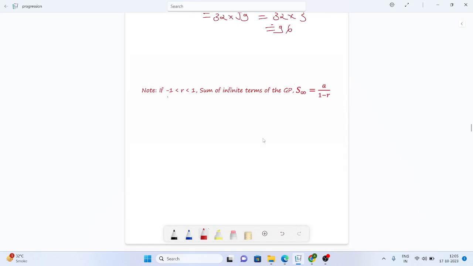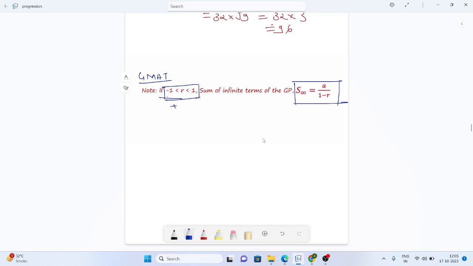Sometimes GMAT asks for infinite terms of GP. The sum of infinite terms of a GP is a upon 1 minus r, but this condition is important.